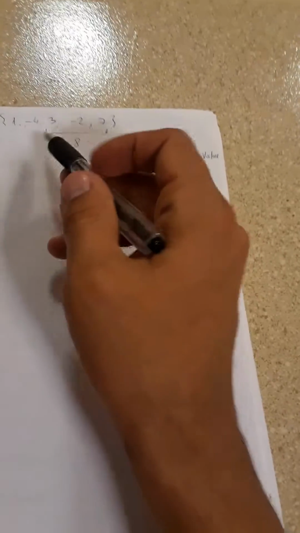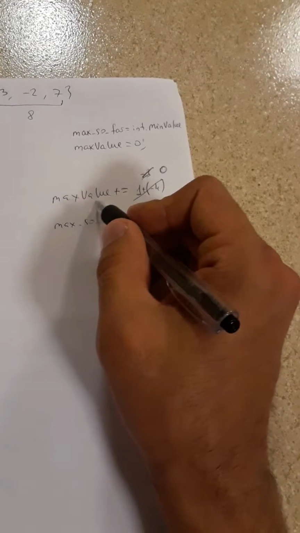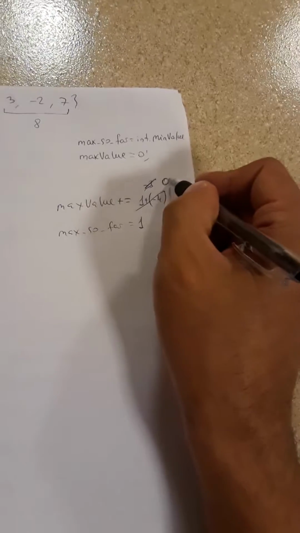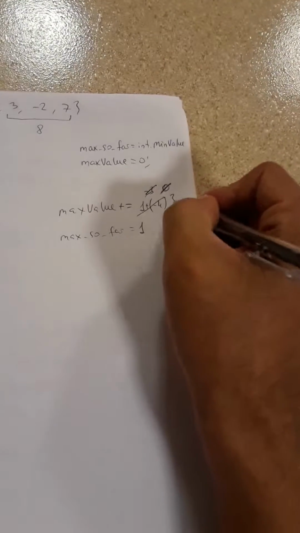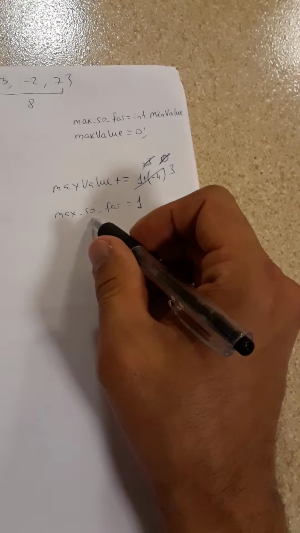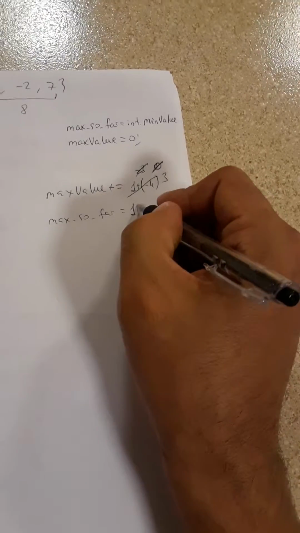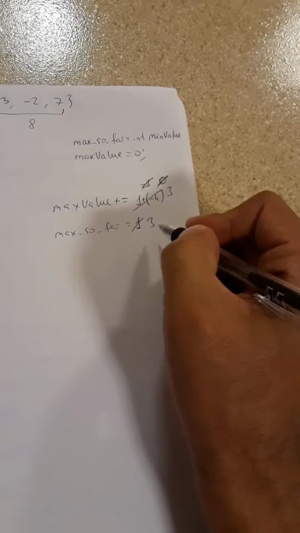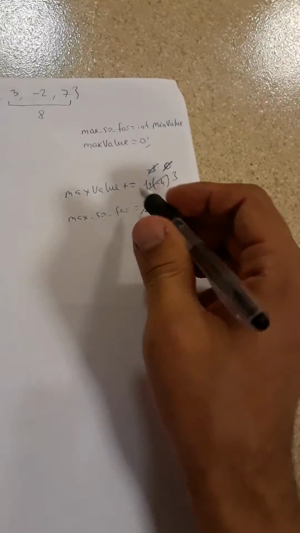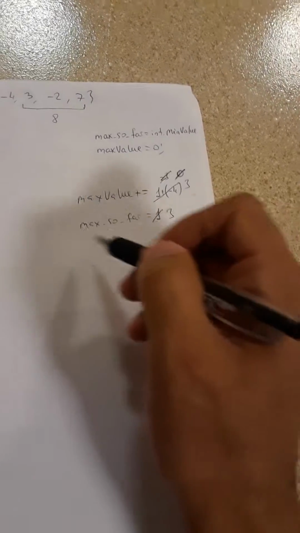So we go to the next element, which is 3, increment our max value with this 3, and it will make our max value equal to 3. We check if it's greater than the max so far value. Yes, it is, so we are changing our 1 to 3. We also check if it's positive or not. It's positive, so we go to the next element.